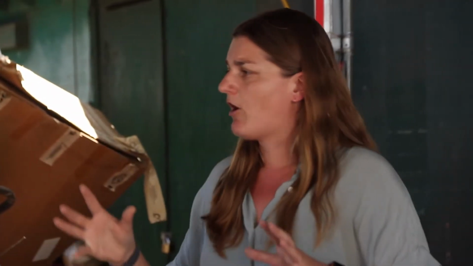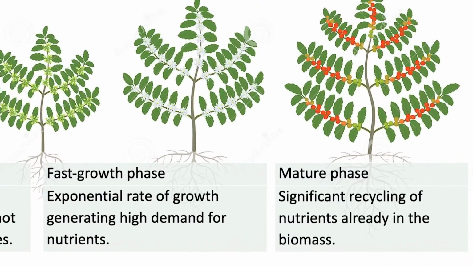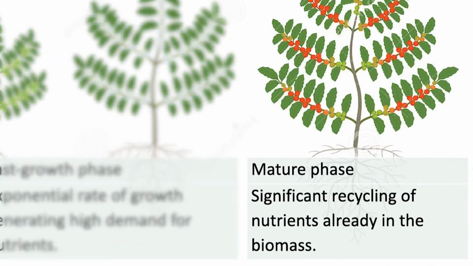We may not be measuring or have a particular number on all of that, but we need to make sure we're supplying enough to meet that demand, because that's what's going to feed the tree later on. And then in the mature phase, there's a significant amount of recycling of the nutrients. We have structural parts that hold nutrients and can buffer the plant's needs for fruit production.